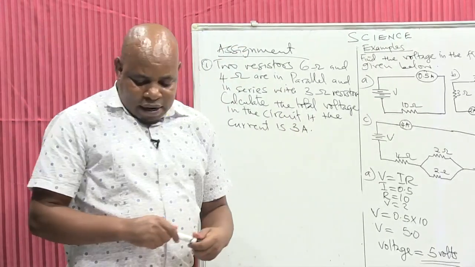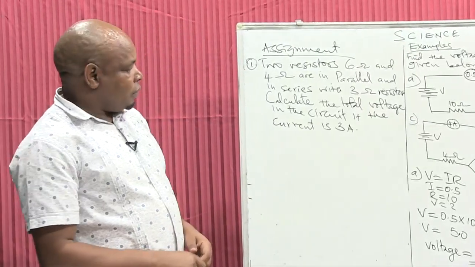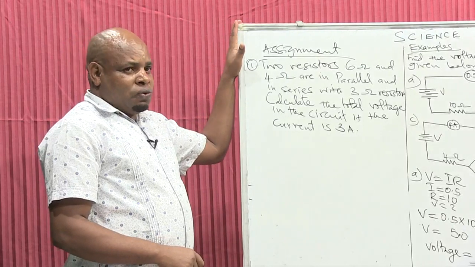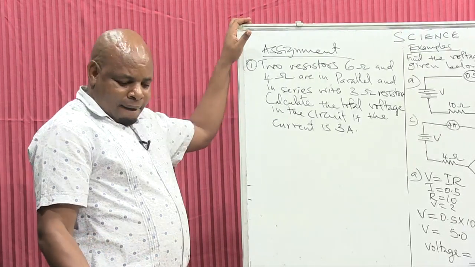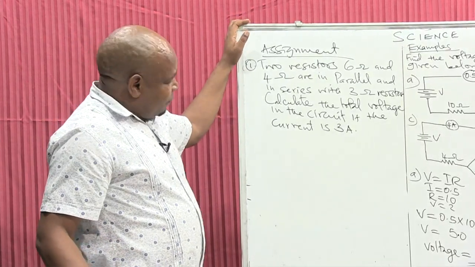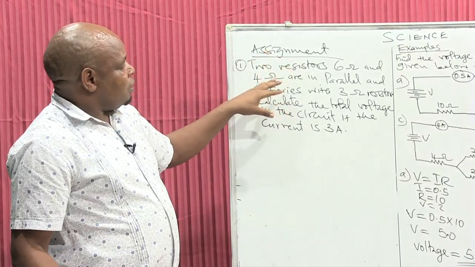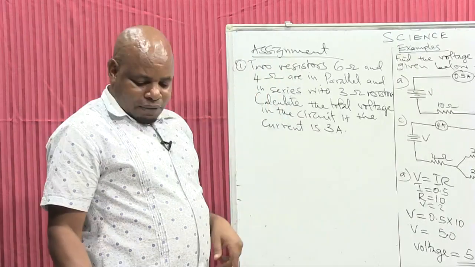You've been given the current is 3. Try to do this particular question in your own time. Just have it in your notebook, then you will do it later.